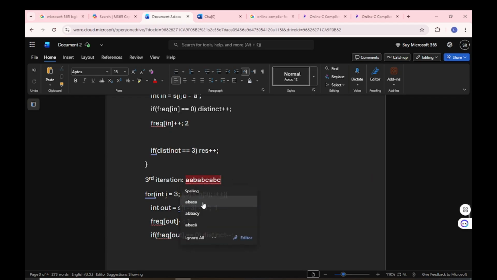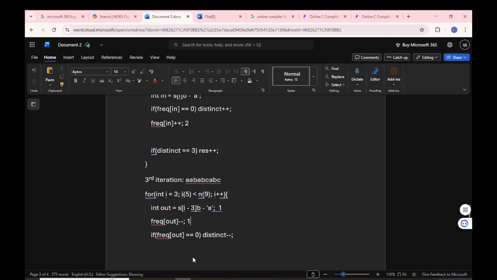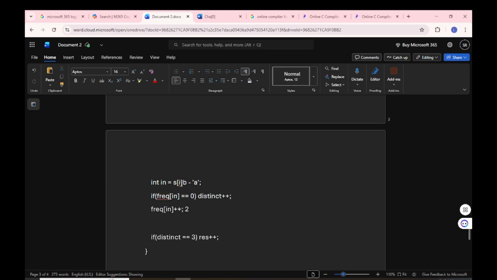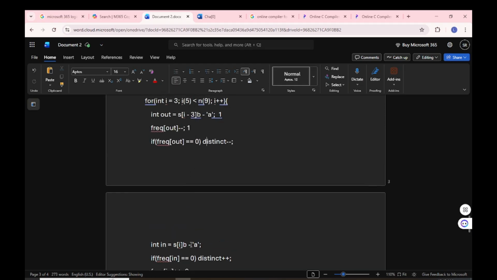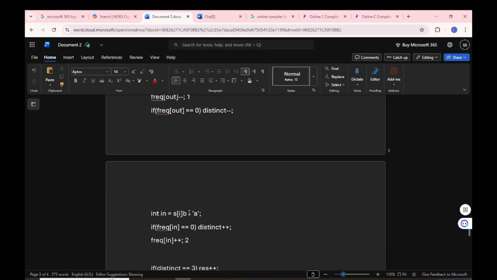This b is being kicked out. So b minus a would be 1. Frequency out minus minus, that means from 2 we need to make 1. If frequency out equals 0, so this is not 0. Okay, so in is 5. So let's say count 0, 1, 2, 3, 4, 5. So c would be here, c minus a, that means, guys, 2.